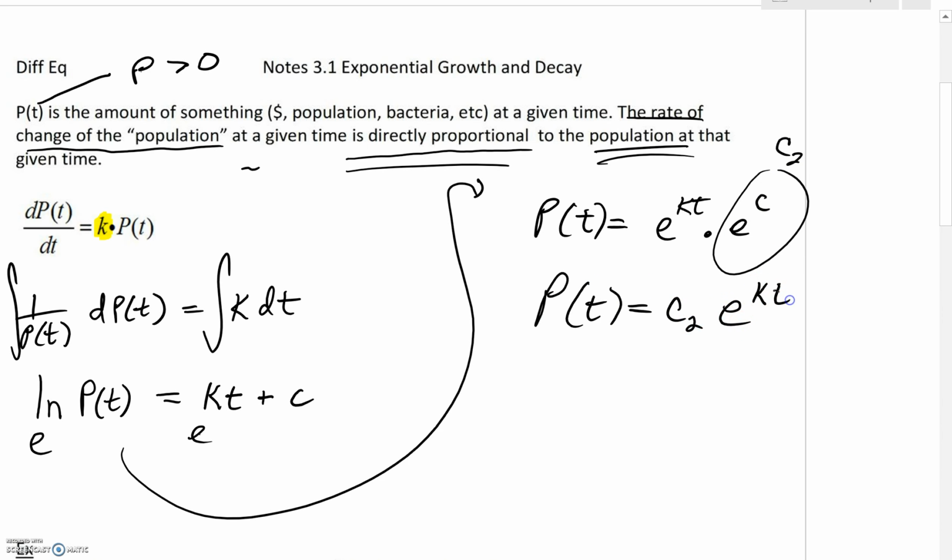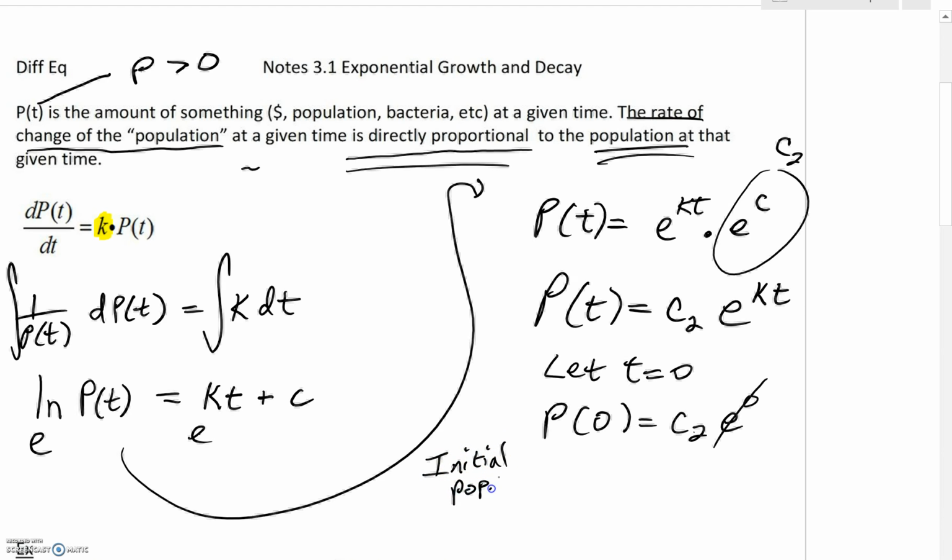And guys, this probably is looking very, very familiar at this point. We just follow it up with one additional thing. If I wanted to find that constant, if I let t equal 0, well, the left side would be P of 0. The right side would be e to the 0 power, which is just a 1. C sub 2, that second constant, is your initial population.